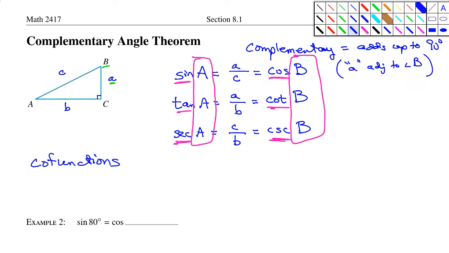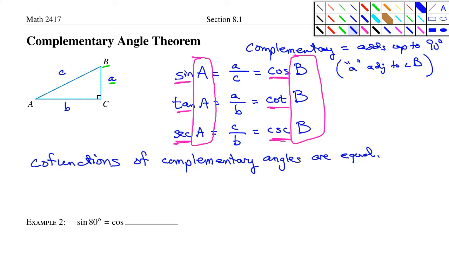And so the complementary angle theorem says that cofunctions of complementary angles are equal. Cofunctions of complementary angles are equal.